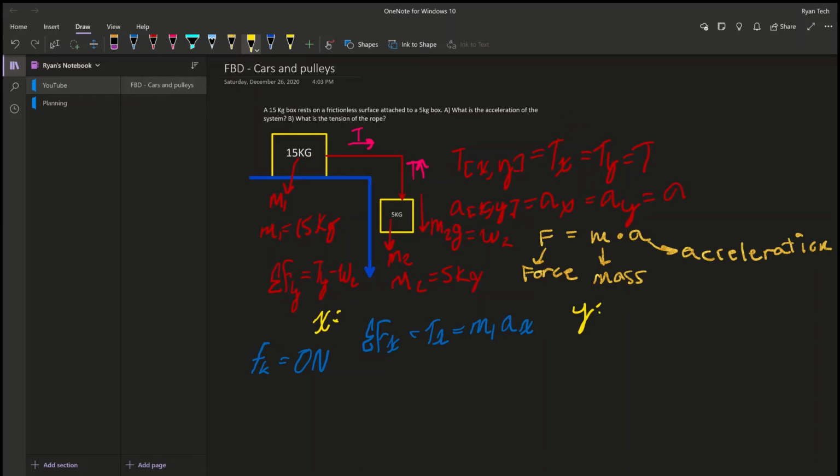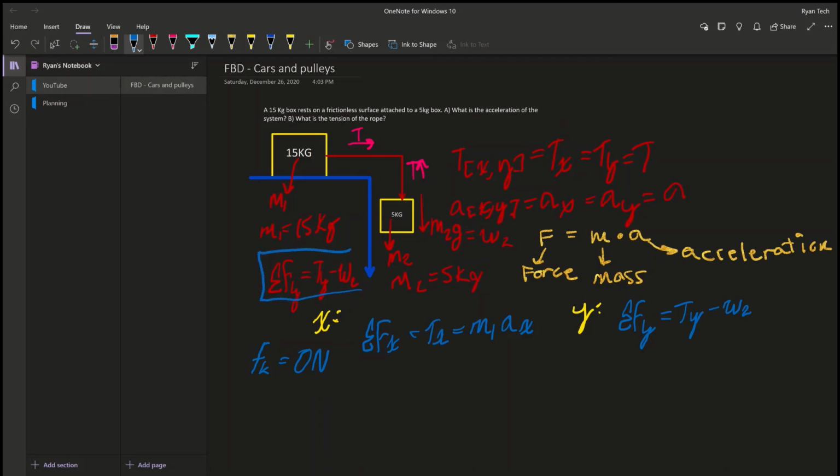Now in the y direction, it's basically the same thing, except we have to use different variables. Anyway, now the sum of all the forces vertically, or sigma Fy, is not only, as mentioned, equal to the tension in the y direction, or the tension in general, but it's also equal to that minus W2.